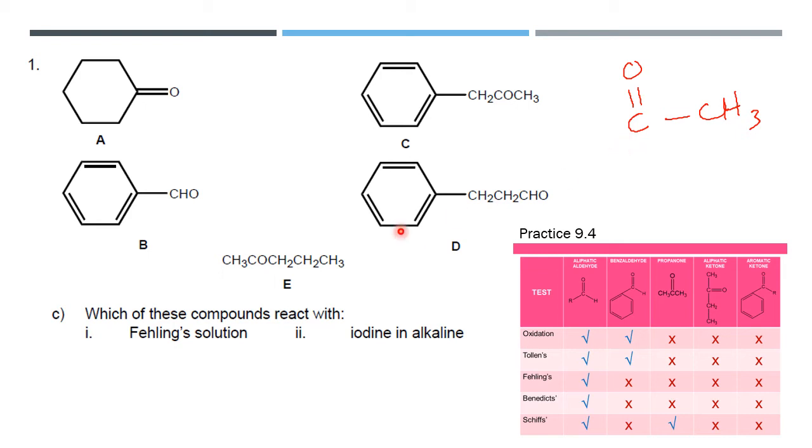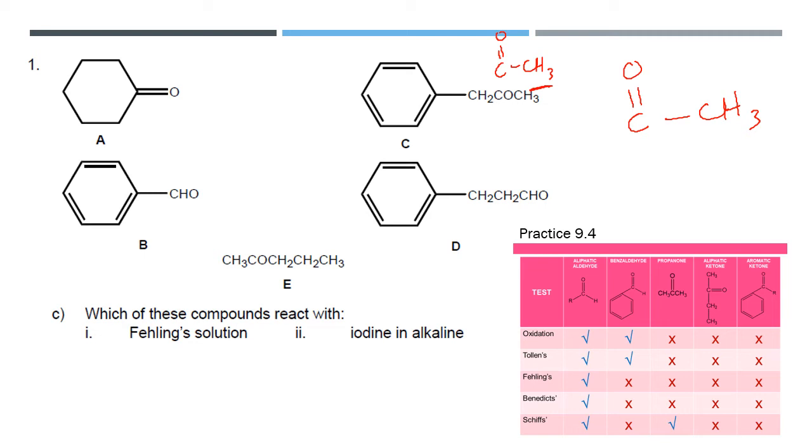If reacted with iodine in alkaline, the positive reaction would be a yellow precipitate. So which of our compounds here have a methyl group attached to the carbonyl carbon? I can see directly that it is C. As you can see here, C double bond O is attached directly to a CH3, so this is a methyl carbonyl group.